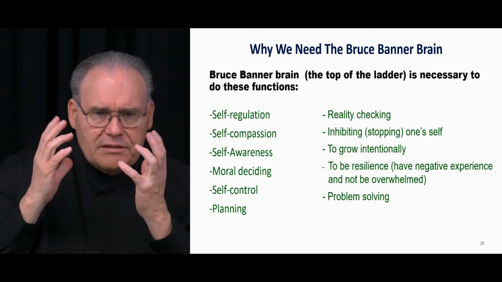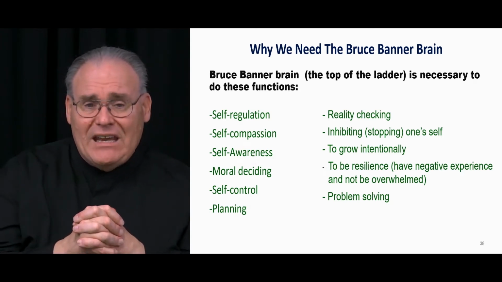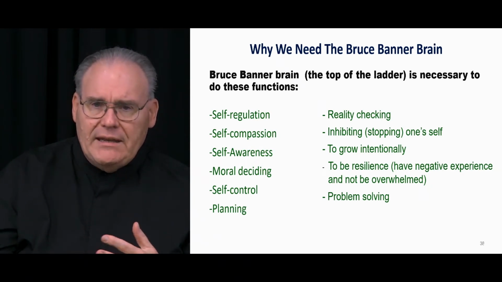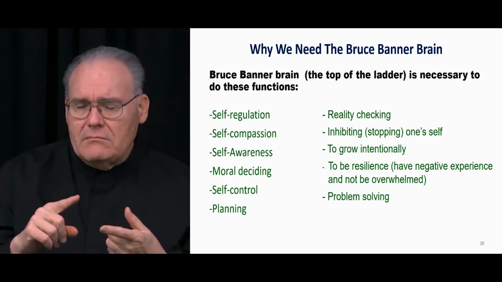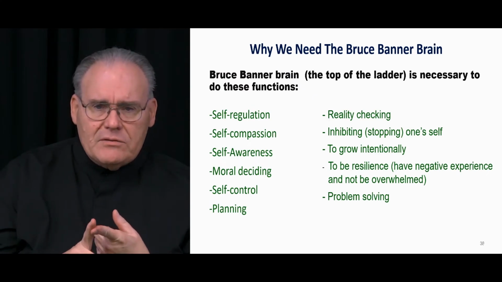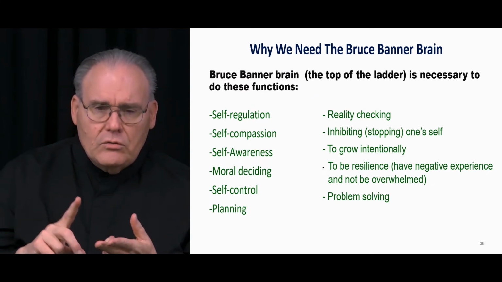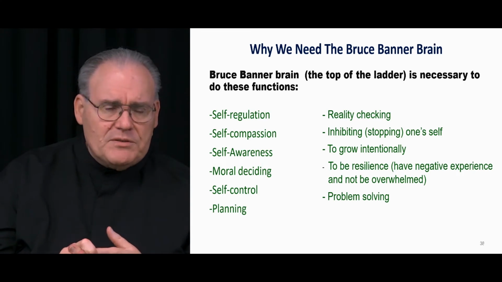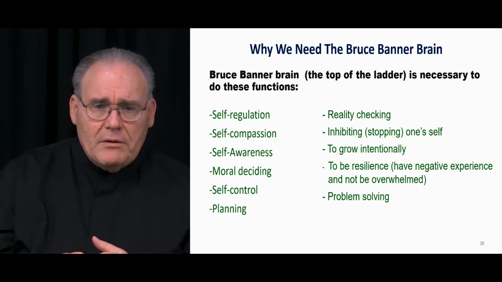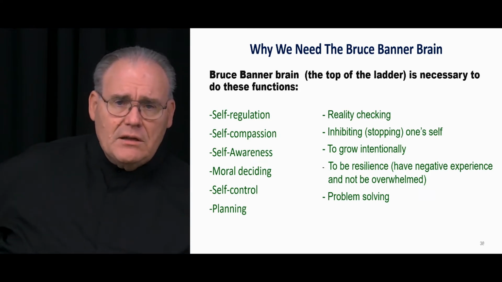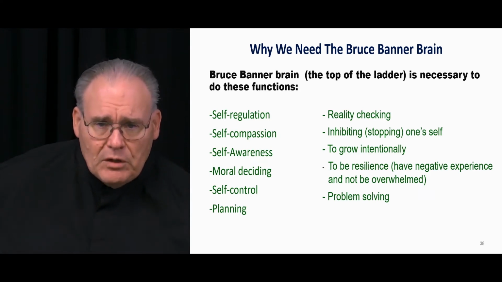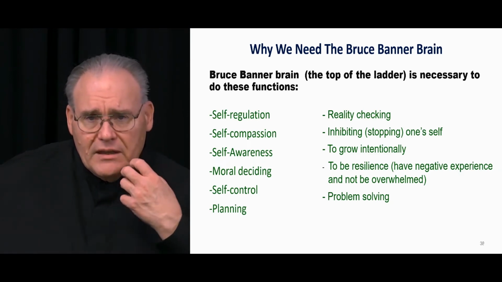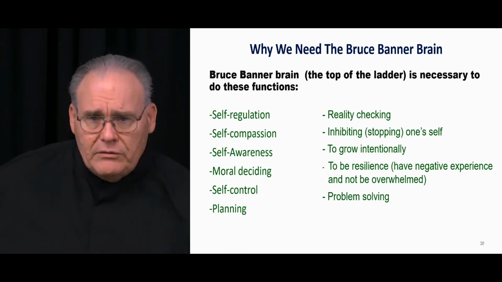Our moral decision-making process and our integrity are tied to that system, as are self-control, planning, reality checking, inhibiting our own behaviors, stopping ourselves, to grow intentionally, to be resilient, and to problem solve well. We need Bruce Banner. You can't do any of those things in Hulk mode, or Frankenstein mode, or in Dragon mode. You must be in the top of the ladder in order to do these things.